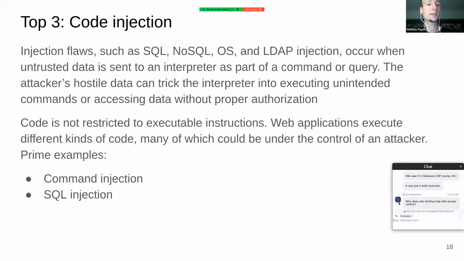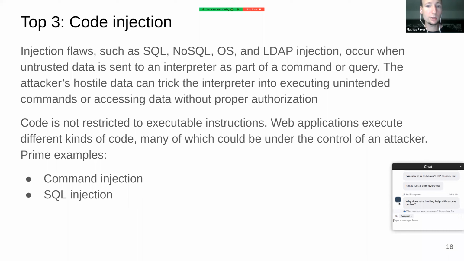They occur when untrusted data is sent to an interpreter as part of a command or query. So you're sending a request to the web service, and then the web service actually handles it. The attacker's hostile data can trick the interpreter into executing unintended commands or accessing data without proper authorization. So there's a lack of split between code and data, and some of the data may be interpreted as code. This is a typical code injection attack that we already know from the beginning of the class.